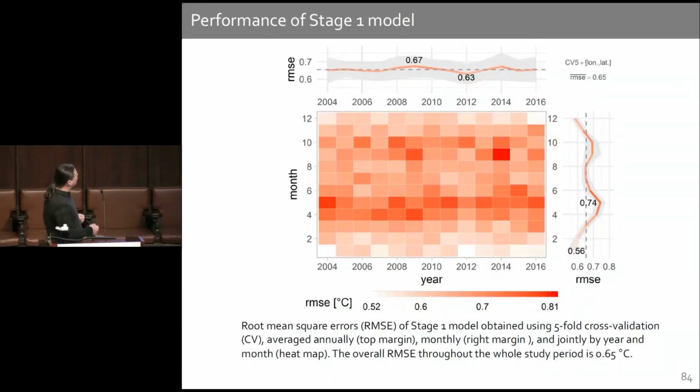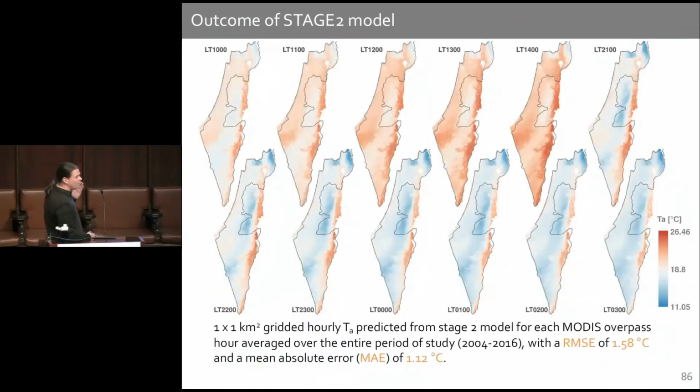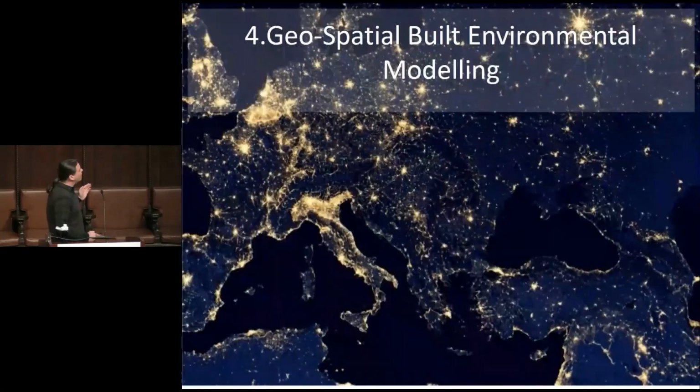We're doing it very well with a root mean square prediction error of 0.65, so we have a lot of confidence in this imputation. And this leads us towards our random forest approach to predict hourly temperature readings across Israel for every day, for every point across the whole time frame.